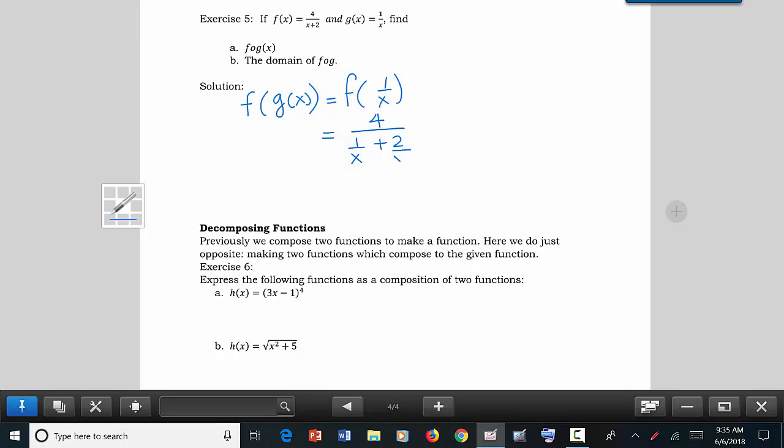Because here we do have x in the denominator, so let's make the common denominator. x is the common denominator on the bottom, 1 plus 2x. 4 divided by a fraction, that means we multiply by the reciprocal. So the expression becomes a little bit nicer, 4x divided by 1 plus 2x.